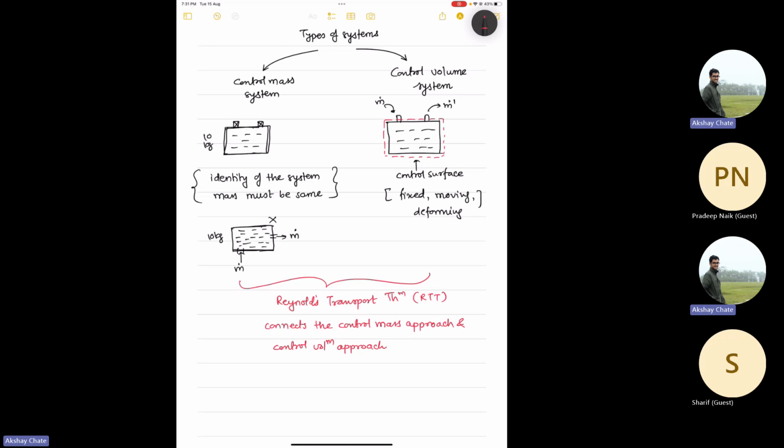Their identity may change with respect to time. RTT is a tool which bridges these two approaches. It gives you flexibility whenever you want to shift from control mass to control volume. And in fluid mechanics, the control volume approach is much easier compared to the control mass approach. Therefore, we use RTT to change control mass system equations to control volume system equations.